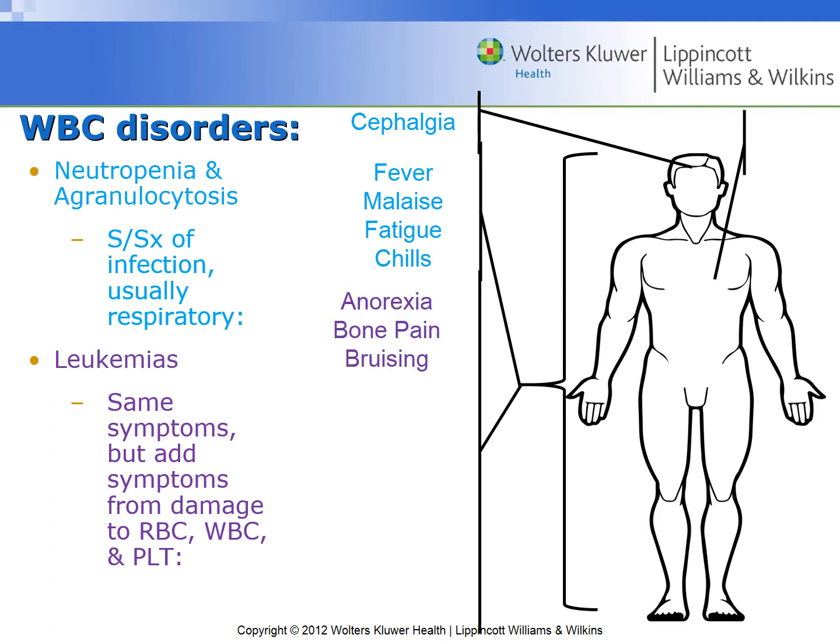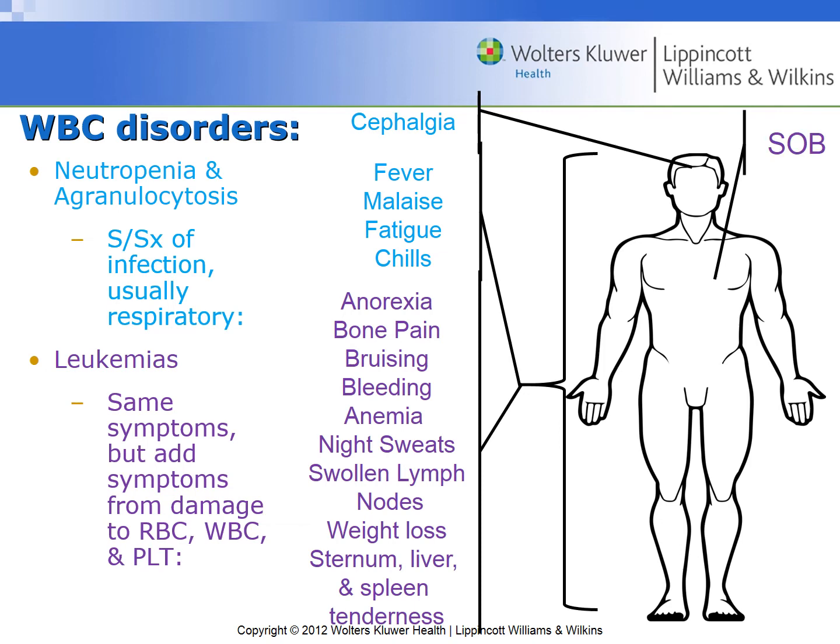So you get anorexia, bone pain, bruising, bleeding, shortness of breath. So anorexia, and I need to remind folks each time, when we say that someone is anorexic, we are not necessarily talking about anorexia nervosa. We are talking about anorexia, not eating or not taking anything in.